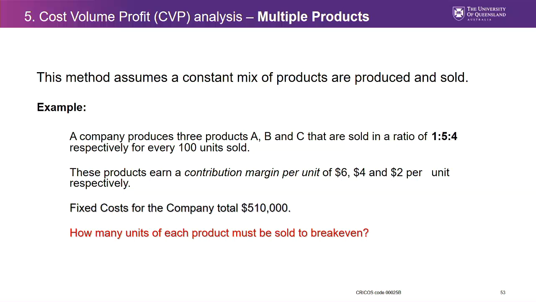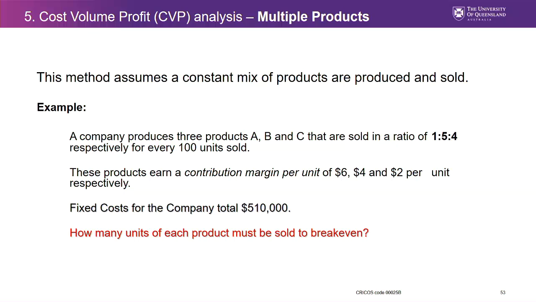We also want you to be able to calculate the break-even point if you have more than one type of product. So if you have, in this instance, 3 products, A, B and C, and you make them in a constant ratio of 1 unit of A to 5 units of B to 4 units of C. And that's an assumption.